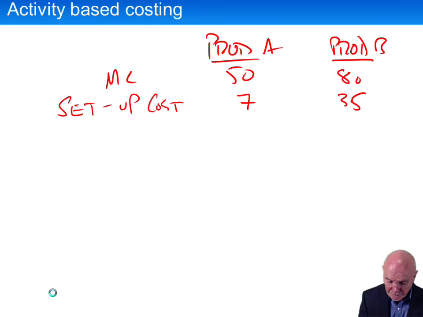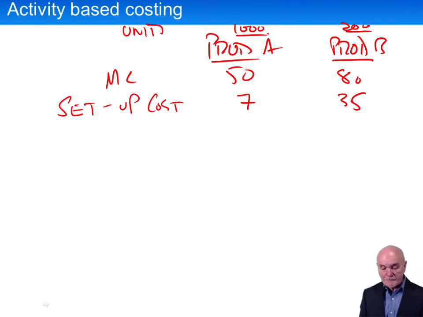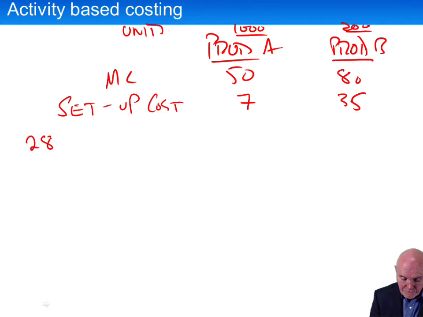So let's just put the units up here as well. So the number of units was 1,200. We might need that later. What about the other costs? The total other costs came to 28,000.